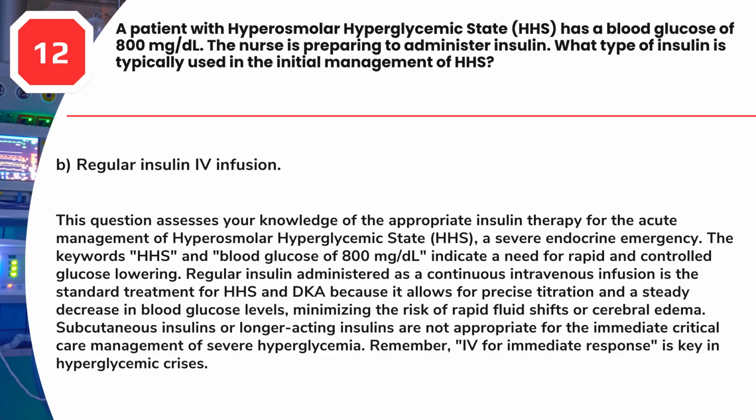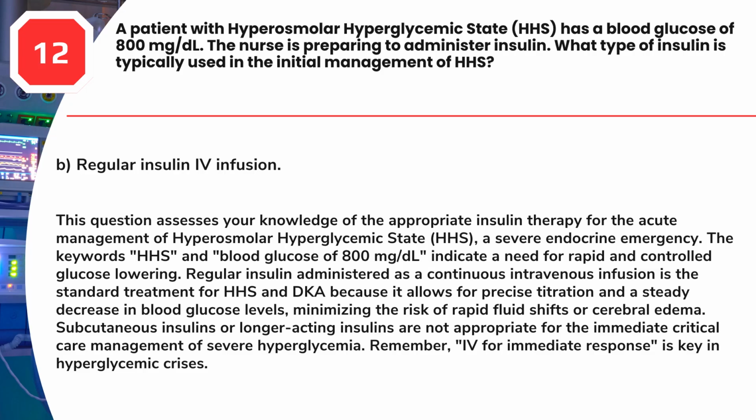This question assesses your knowledge of the appropriate insulin therapy for the acute management of hyperosmolar hyperglycemic state, HHS, a severe endocrine emergency. The keywords HHS and blood glucose of 800 mg per deciliter indicate a need for rapid and controlled glucose lowering.